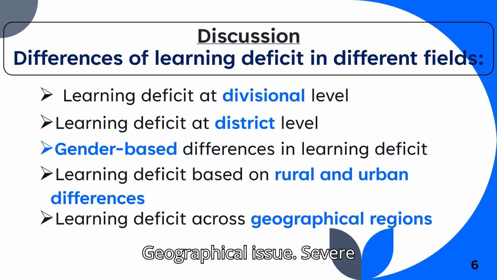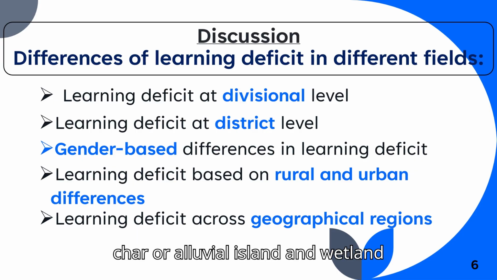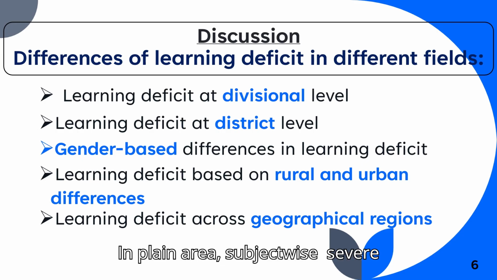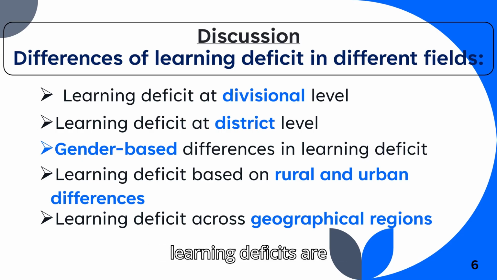Geographical issue. Severe learning deficit was diagnosed in hill tracts, coastal areas, char or alluvial islands, and wetland basins. The level of learning deficit is highest in hilly areas. In plain areas, subject-wise severe learning deficits are 28% to 37%.